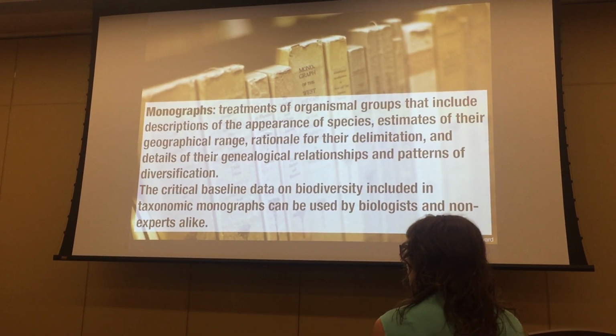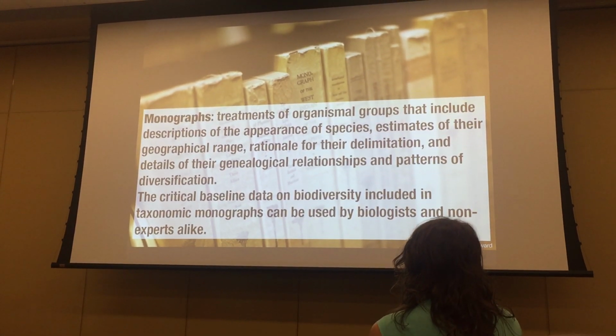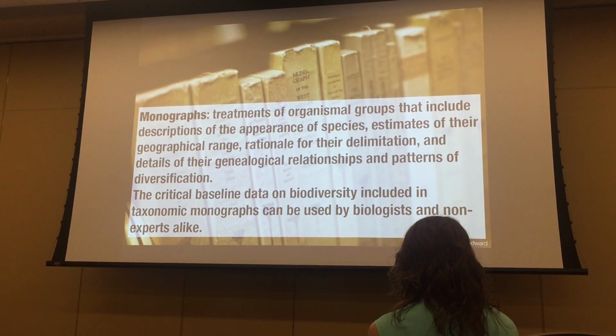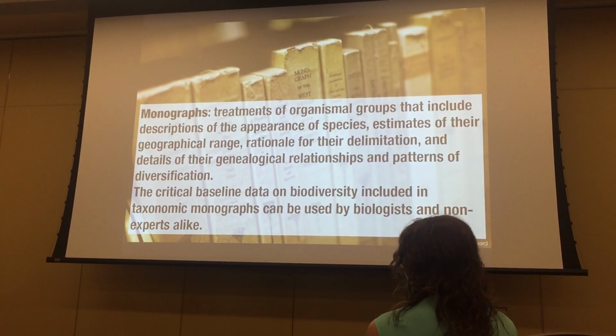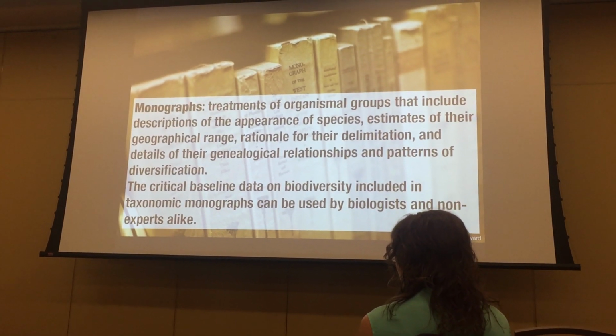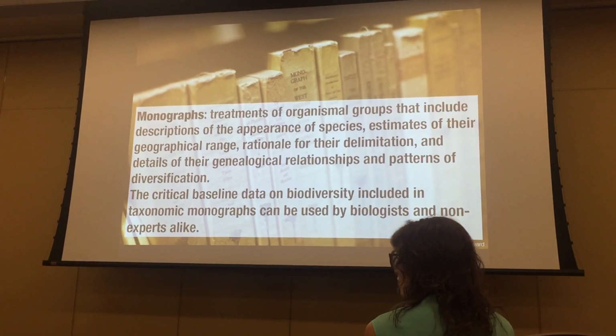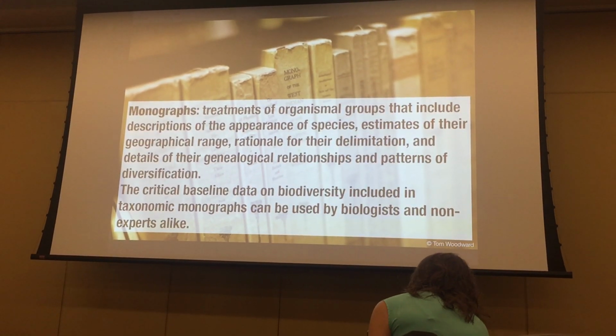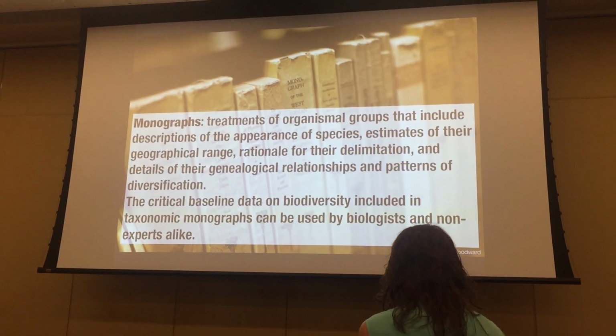And we basically synthesize all these studies that I just mentioned: species delimitations, phylogenetics, biogeography, trait evolution, and so on and so forth. So monographs are this synthetic work where we can provide access to all people to all this raw data that the specimens have.